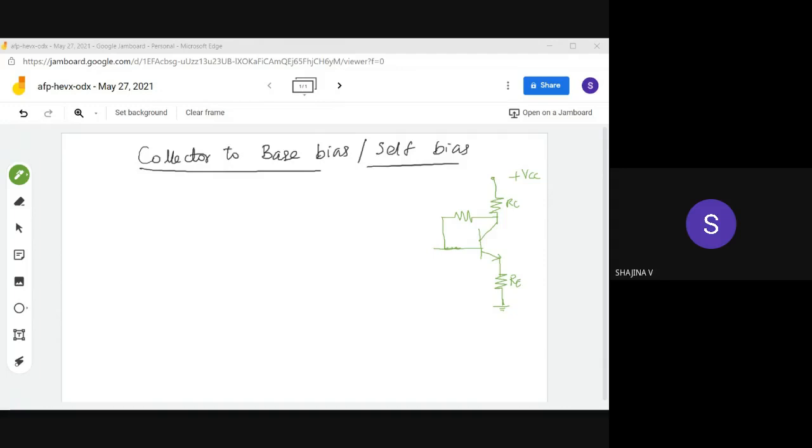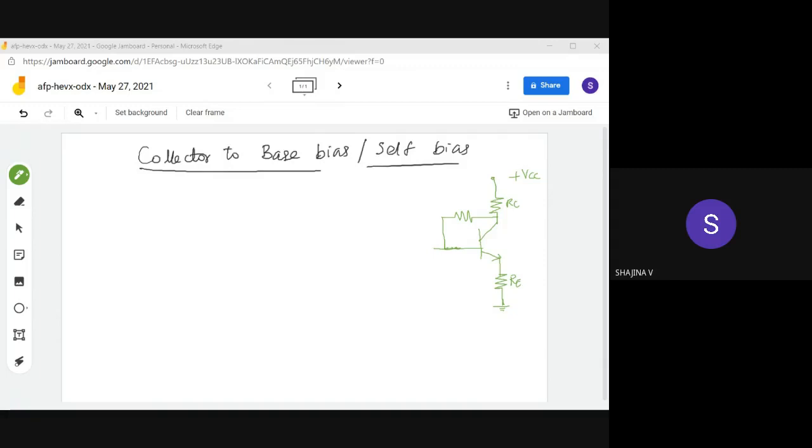Sorry, here I missed the term RE, beta into IB into RE is there. So I am just modifying this one. Here also I am taking RC outside. This will be 1 plus beta into RC, plus RB plus 1 plus beta into RE.